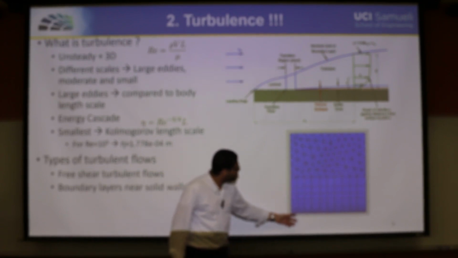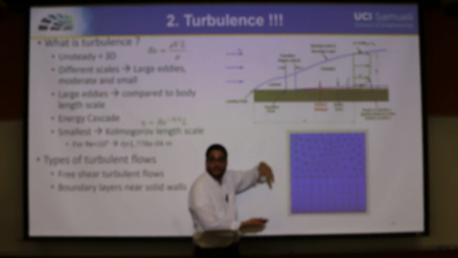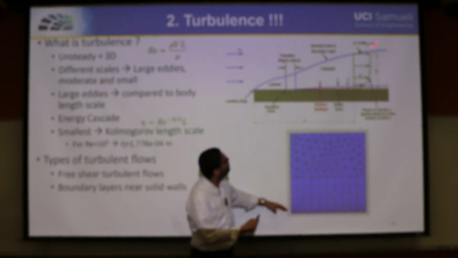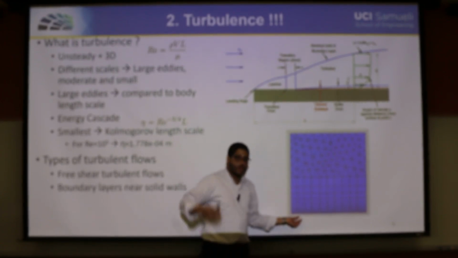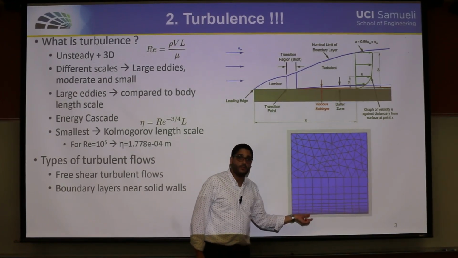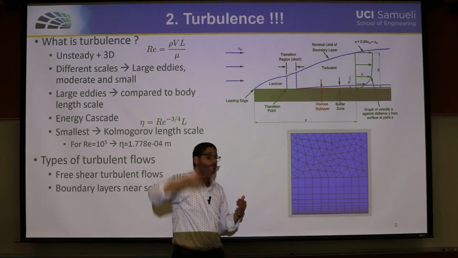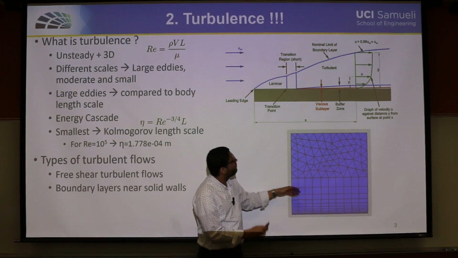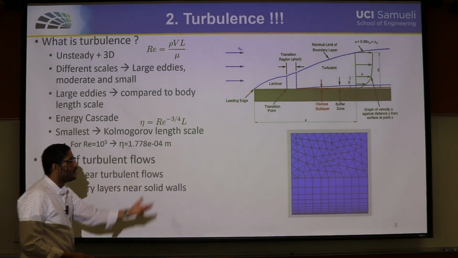And as you can see, the size of these elements changes in the same behavior as the velocity profile that you will capture. For the steep gradients, you need very small elements so you can capture that shape. And as you go above and above, where the steep gradients don't take place anymore, you don't need that.